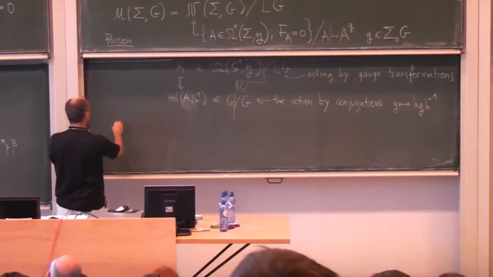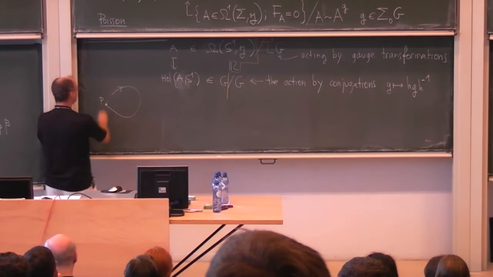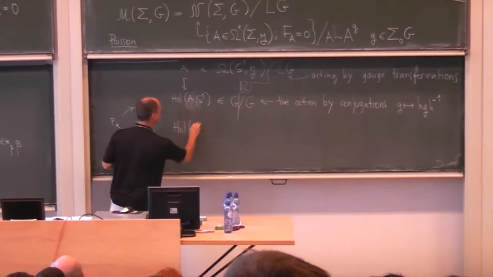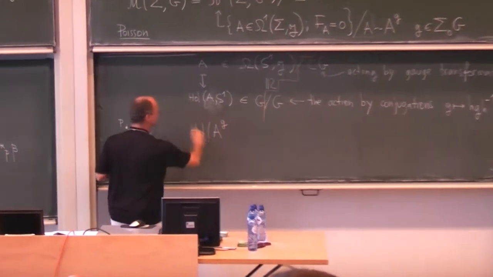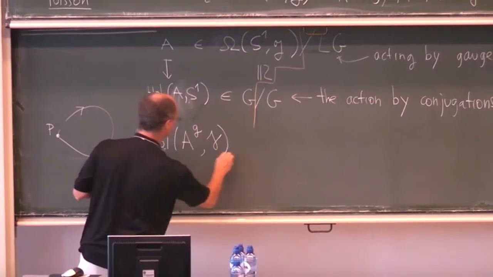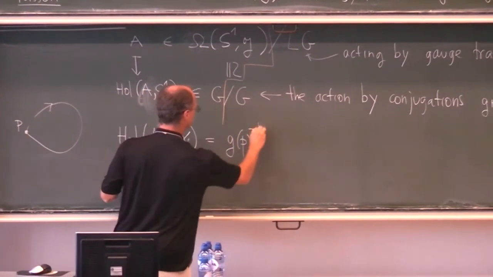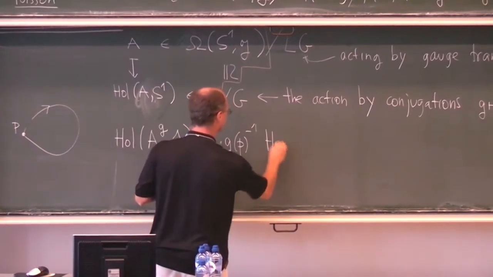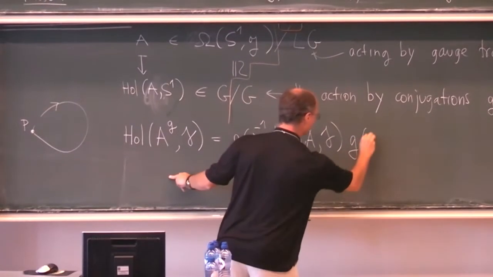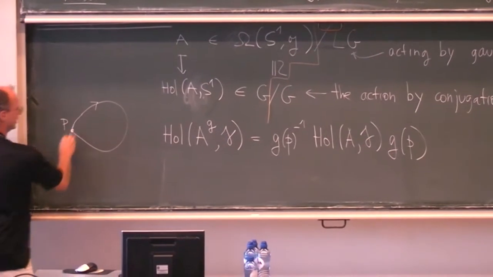So if you have a holonomy for the closed path starting at P, then the holonomy of the gauge transformed connection for the path gamma is a conjugation of the holonomy of A by the value of g at the base point.